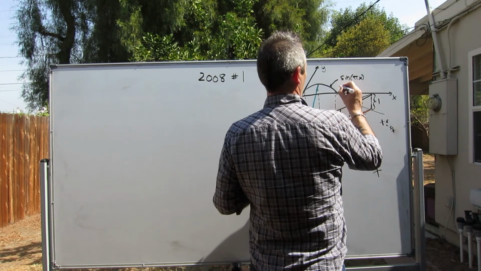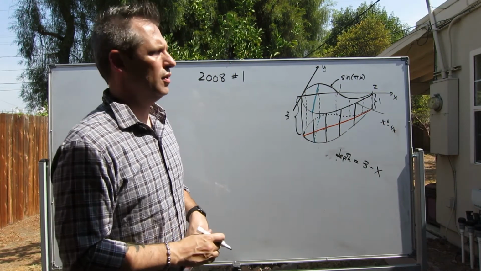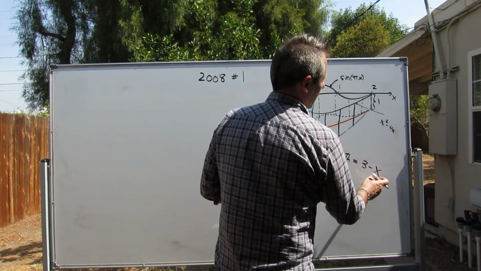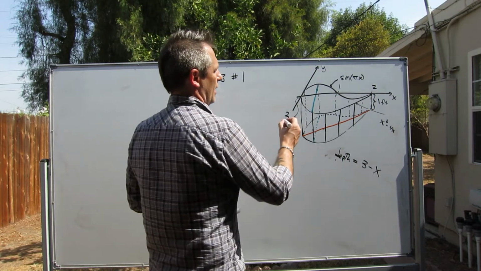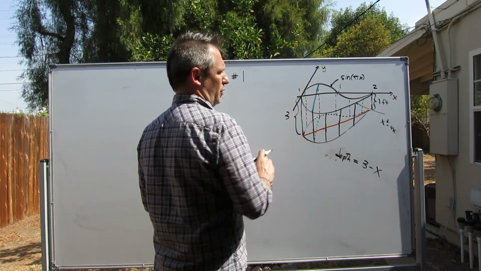So for example, here's x equals 2. The depth of the pool at x equals 2 is 3 minus 2, which is 1 foot. On the other hand, at x equals 0, the depth of the pool is 3.